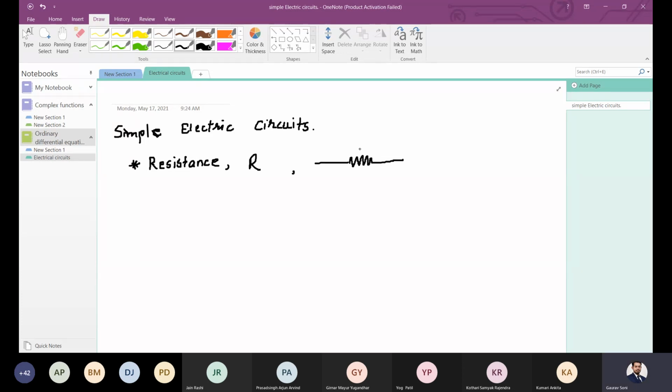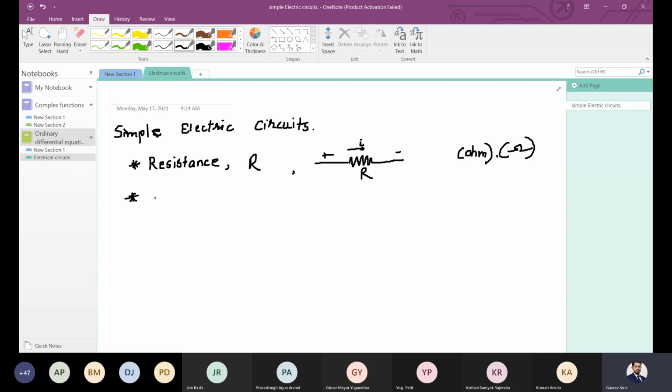In case the current is, resistance is R, positive, negative, and the unit for this is ohm. Okay, and this is how it is denoted.